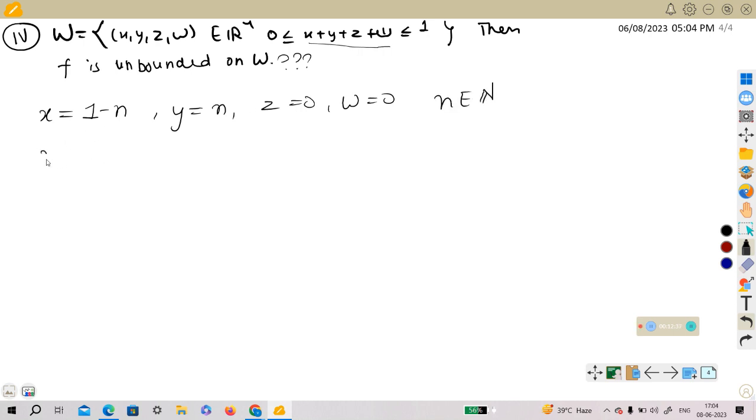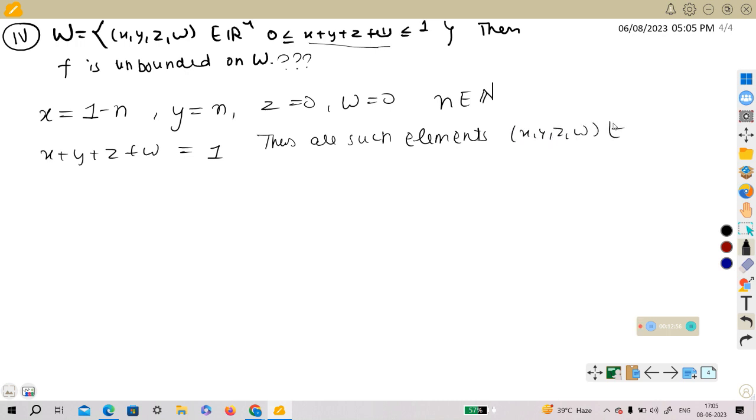Then x plus y plus z plus w is 1. Thus all such elements x, y, z, w belong to capital W, because we can have one.